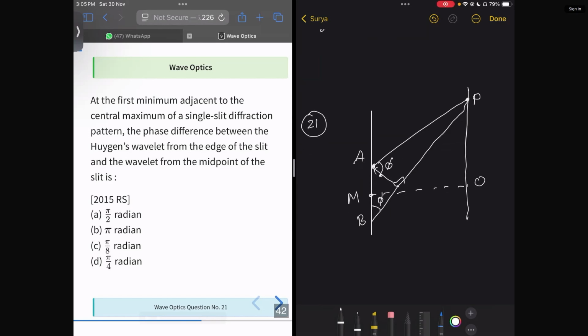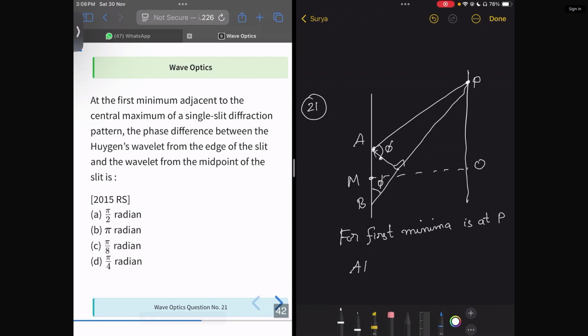So the phase difference will be, the first minimum is at P, right? At this point, the first minimum will happen.